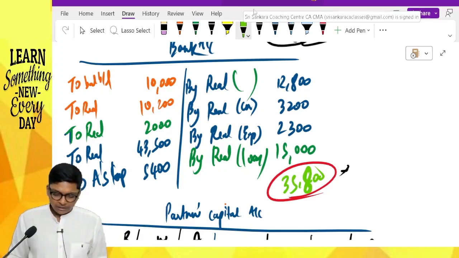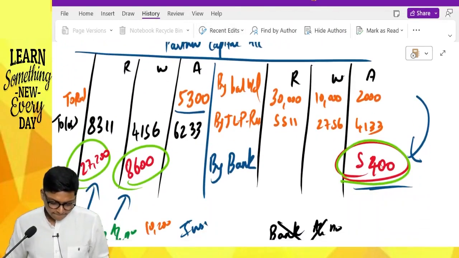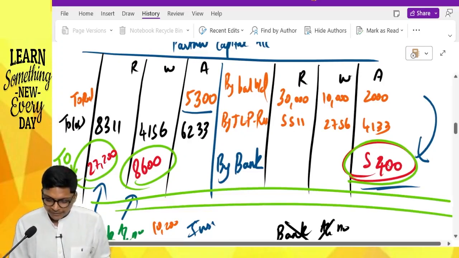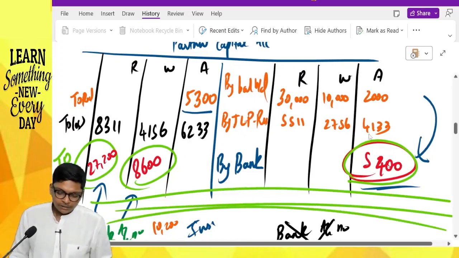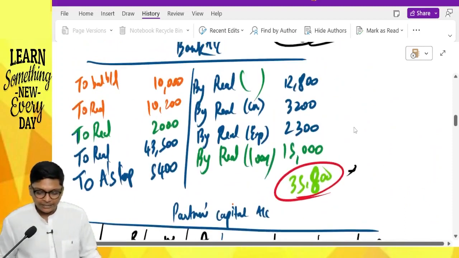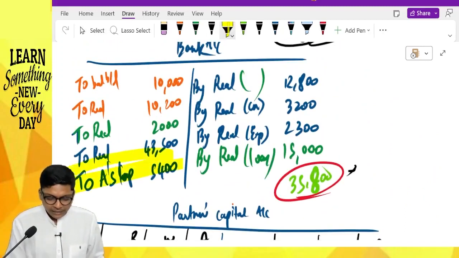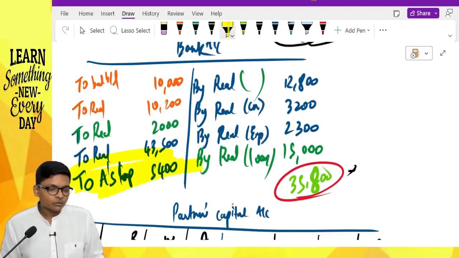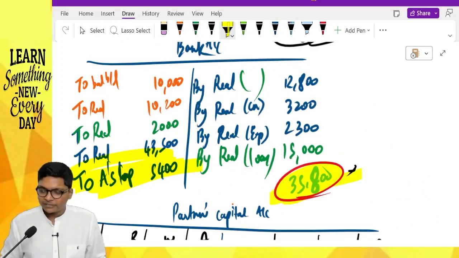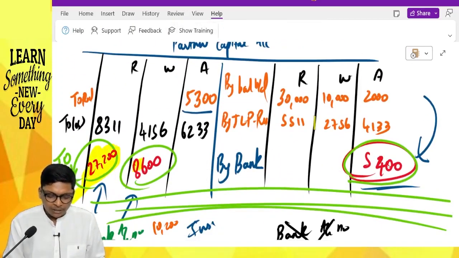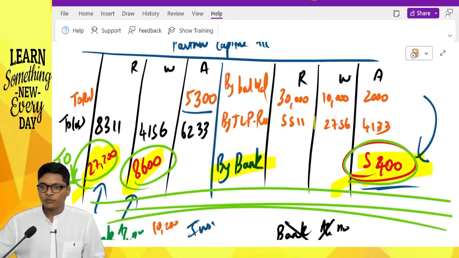Here I will write to bank and close my ledgers. That balancing figure is what you close with. I will again show you the bank account. Additionally, I added to A's Capital 5,400, so my closing balance becomes 35,800. Using this money in the capital accounts, I am paying R 27,200, W 8,600, and by bank A is bringing in 5,400.